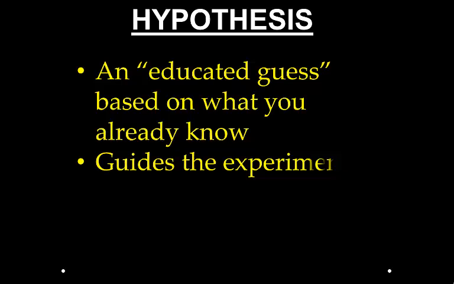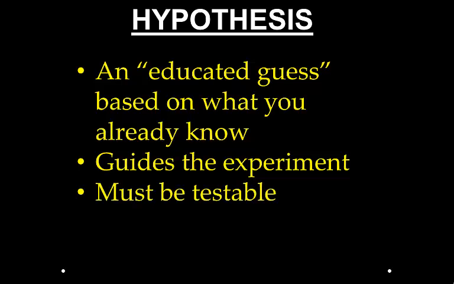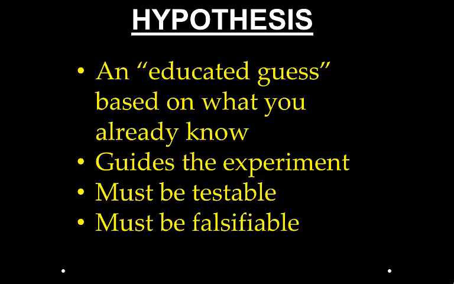When formulating the hypothesis, there are 2 important qualities it must have. It must be testable and falsifiable. A testable hypothesis allows a scientist to determine how 2 variables are related. A falsifiable hypothesis allows a scientist to determine that a hypothesis is false if the observations are true.